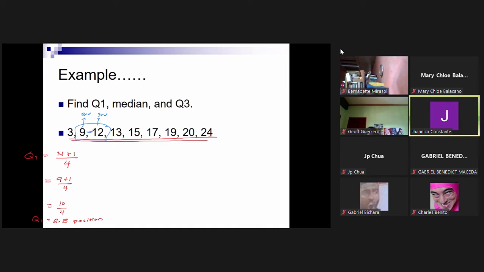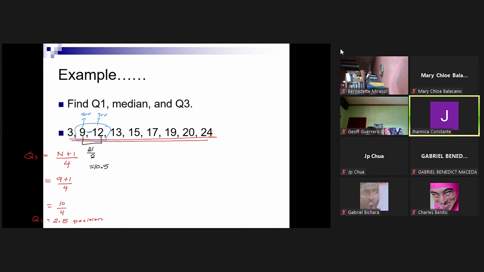So to get the value of your quartile 1, which is between the position of the second number and the third number that we have in the ordered set, we're going to add 9 plus 12, which is equal to 21. 21 divided by 2, which is equal to 10.5.